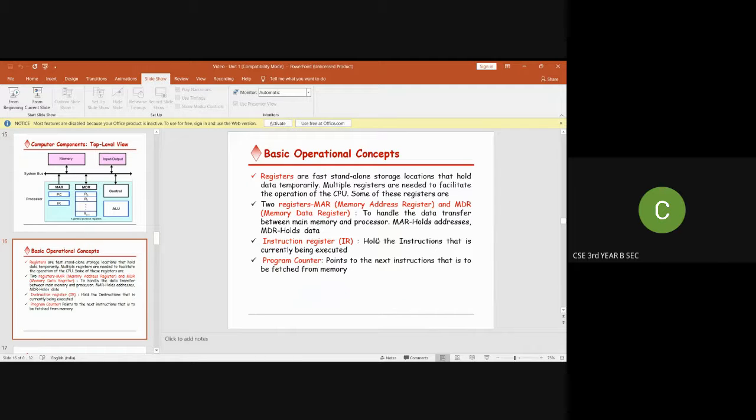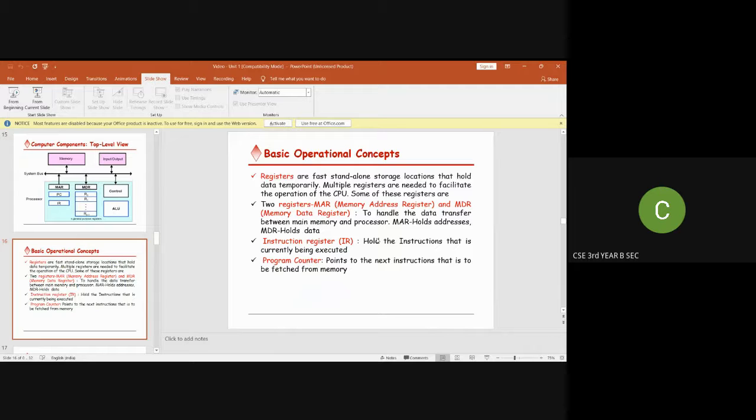Registers are fast standalone storage locations that can hold data temporarily. Multiple registers are needed to facilitate the operation of the CPU. The first ones are the MAR and MDR, the memory address register and memory data register.